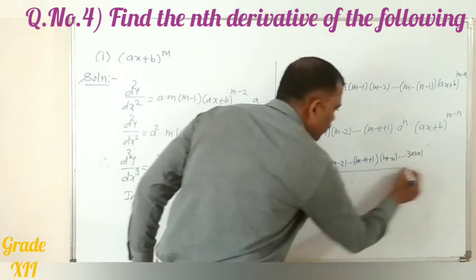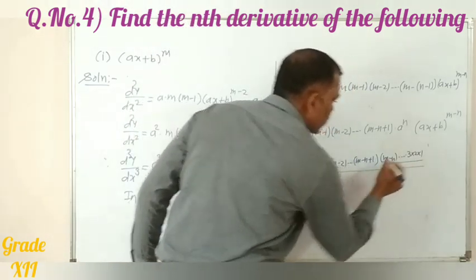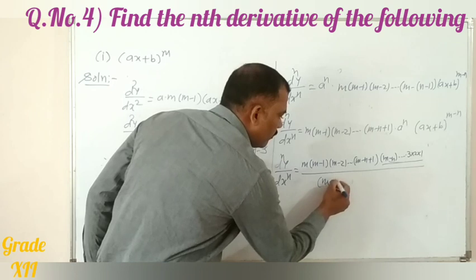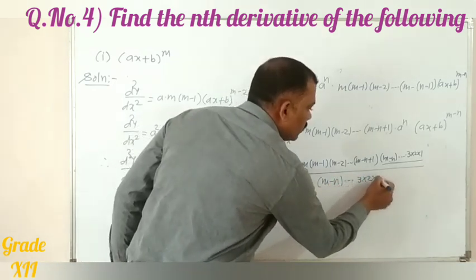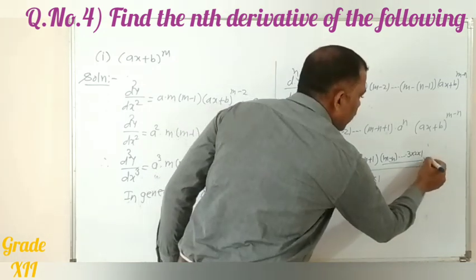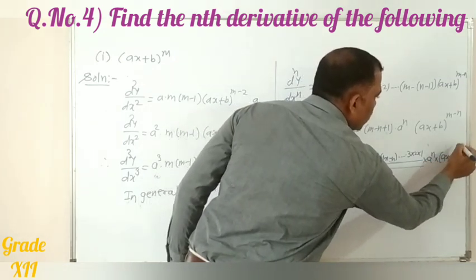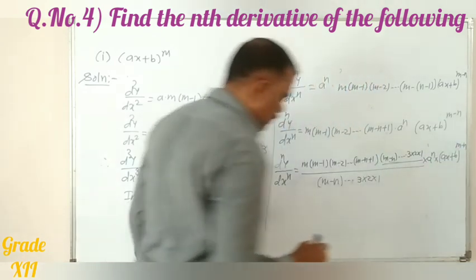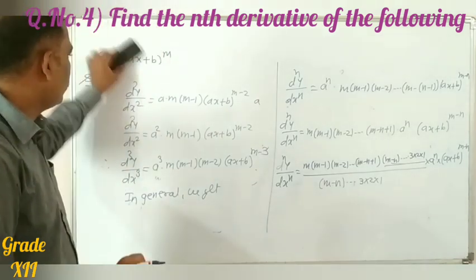Also, for the denominator we have to multiply these extra factors. What are those extra factors? m minus n into 3 into 2 into 1, into a raised to n into ax plus b raised to m minus n.